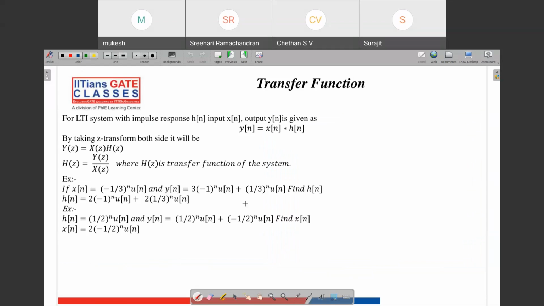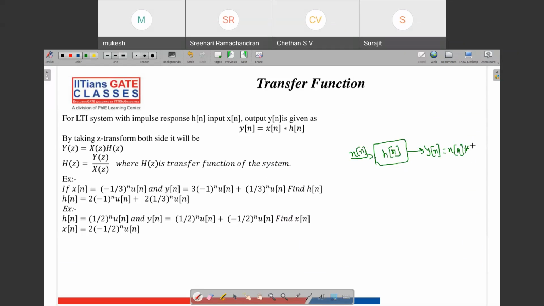Now next is the transfer function. So we are going to use the convolution property here that we saw a few slides back. If you have a system with impulse response h of n and input x of n, then output y of n will be given as the convolution of x of n with h of n.